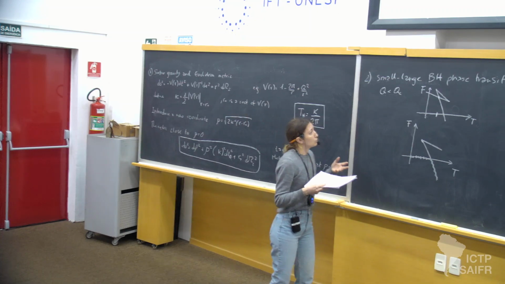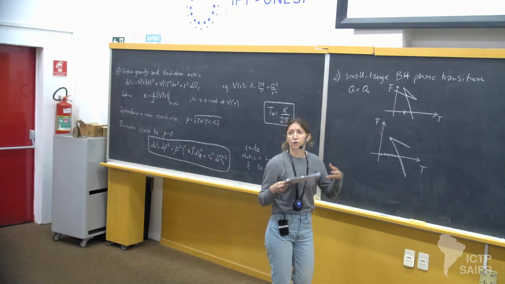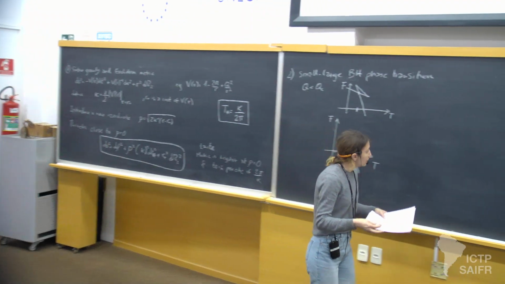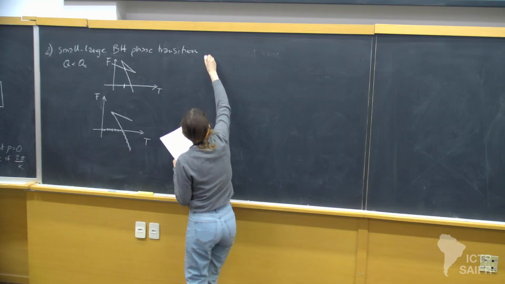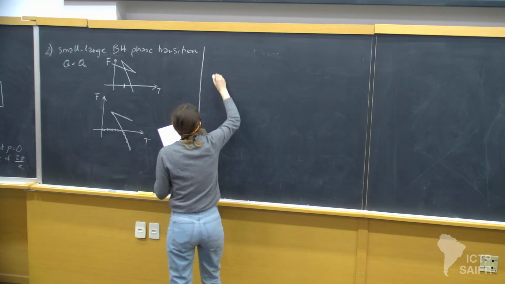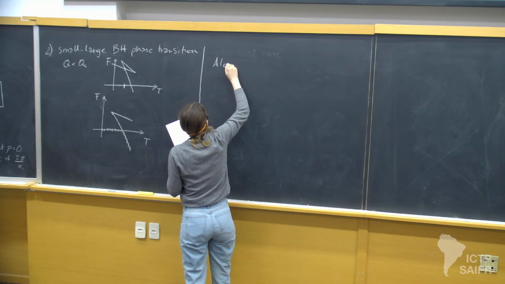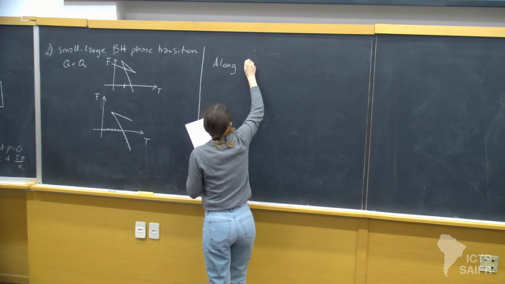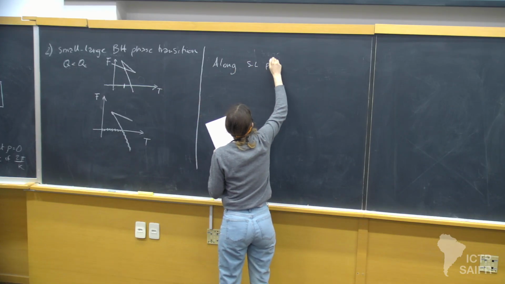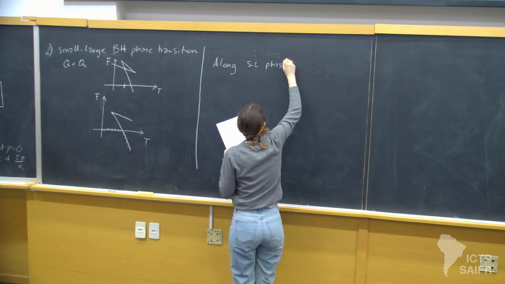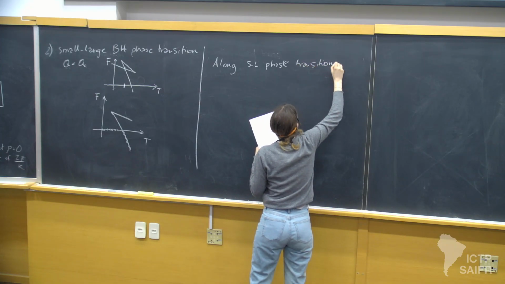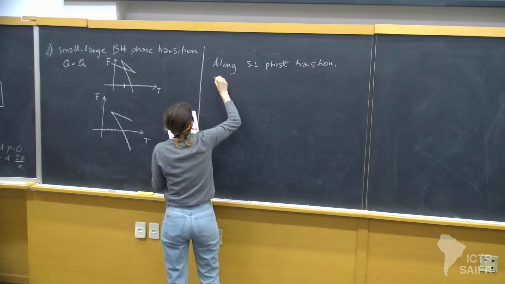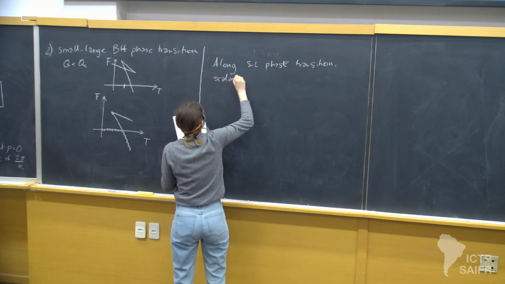What we have found, for similar charged black holes, is that the scalars along the phase transition, along the small-large phase transition, are also subject to change.